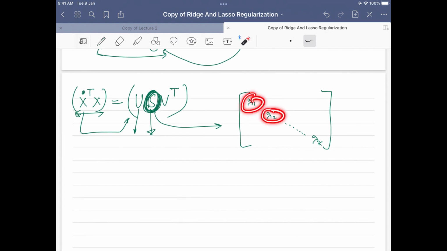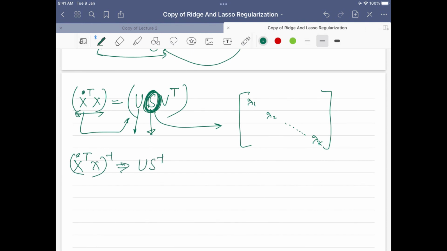All these lambdas are eigenvalues of this X transpose X. Now, if you invert this matrix, the corresponding decomposition becomes U S inverse U transpose. Not V, it's U only. So once you invert the matrix, the eigenvalues matrix also becomes inverted, and its elements will be 1 by lambda 1, 1 by lambda 2, up to 1 by lambda k.